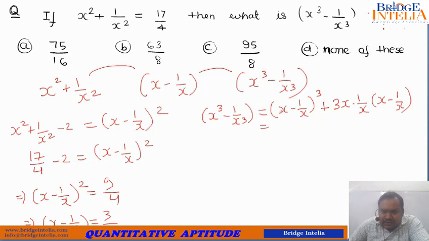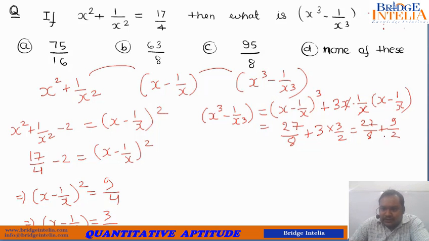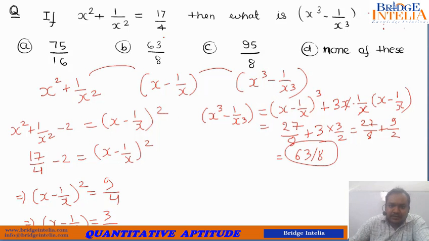Now we have the value of x minus 1 by x as 3 by 2. So this is 27 by 8 plus, this and this cancel, 3 into x minus 1 by x, which is 3 by 2. So this comes out to be 27 by 8 plus 9 by 2, which is equal to 36 plus 63 upon 8. So 63 upon 8 is the final answer.